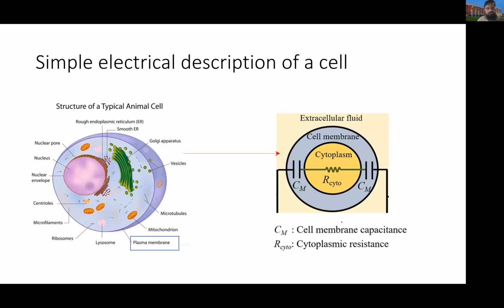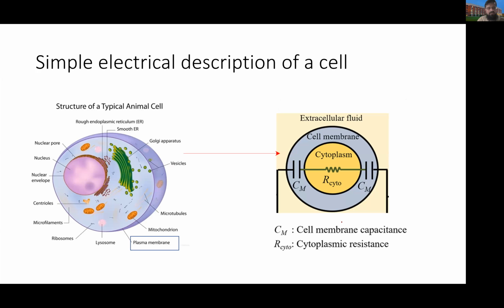Starting from the first question: what is the electrical response that you expect from a biological cell? You might have seen the physical picture of a biological cell in some of your biology courses, or previously in high school or A levels.